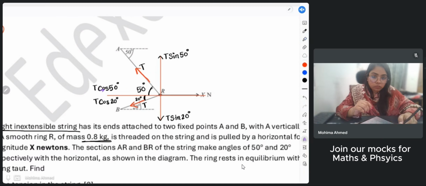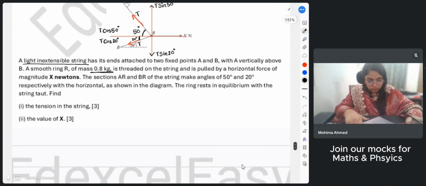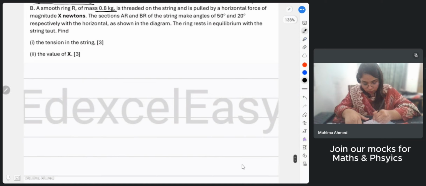I'm going to arrange equations for the vertical first, not the horizontal, because the horizontal has the unknown variable x. So I cannot find the value of T using the unknown x. So I will start with the vertical axis.